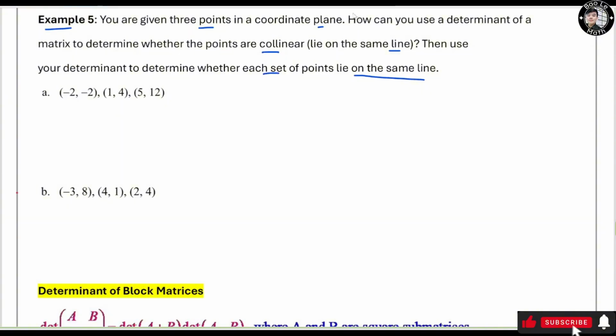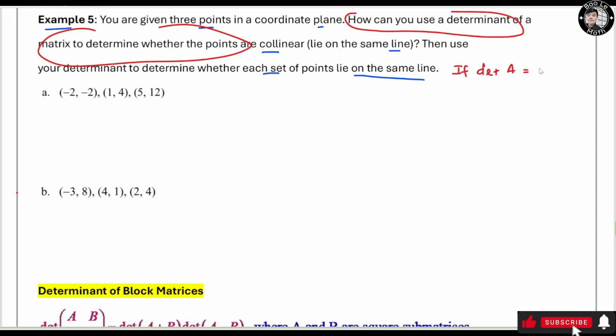So, to answer this question, we need to say that if the determinant of the matrix A equals 0, then the points are collinear. If the determinant of the matrix A is not equal to 0, then the points are not collinear. Create the matrix A.